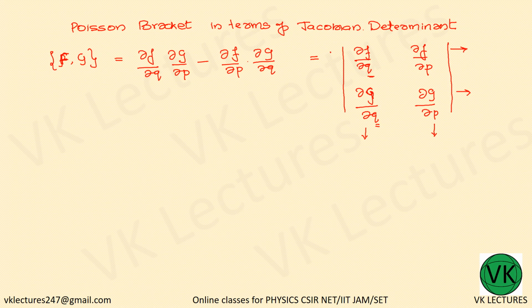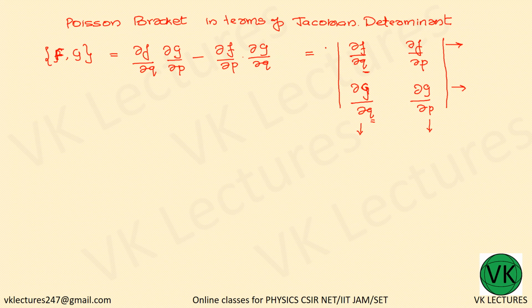Now, as an example, capital Q can be written as q by p, in terms of the momentum, and capital P is a function of q p squared.